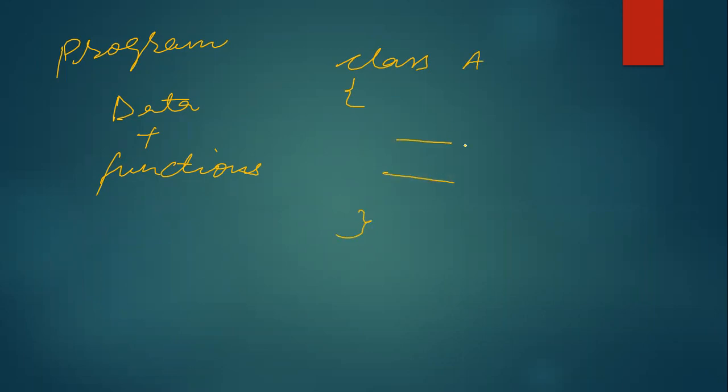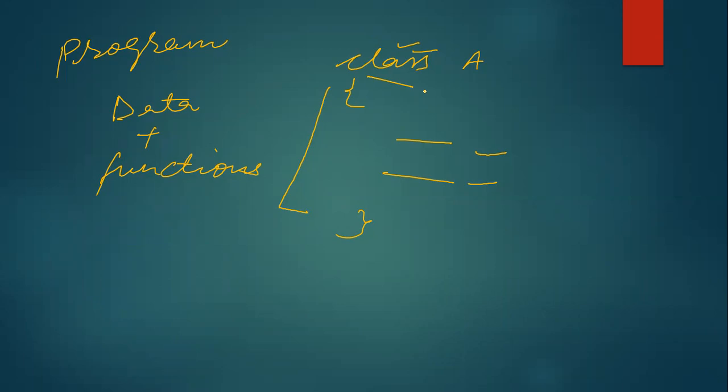So we are grouping these data members and functions inside the class, inside these braces. That means these are grouped into a single unit, and this single unit is called a class. So this is the example of encapsulation. Usually whenever we write a Java program, this principle is automatically implemented, because without a class we can't write a Java program.